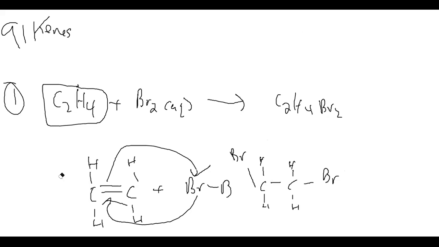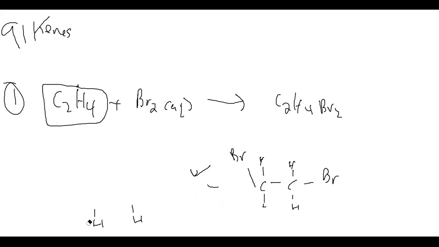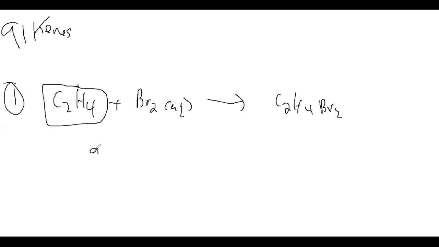Okay, so what the GCSE wants you to know is that for the test for alkenes, when bromine water is added, alkenes decolorize bromine water.